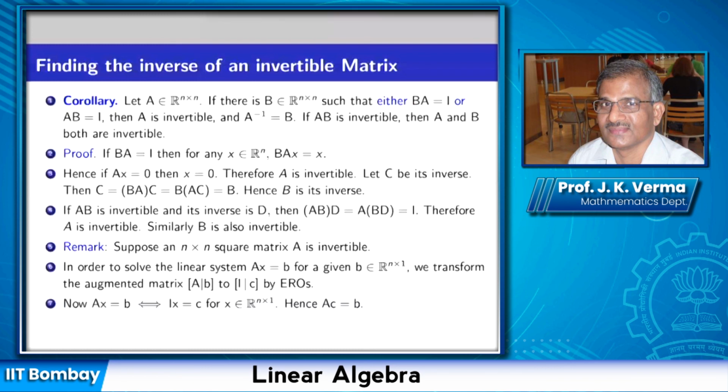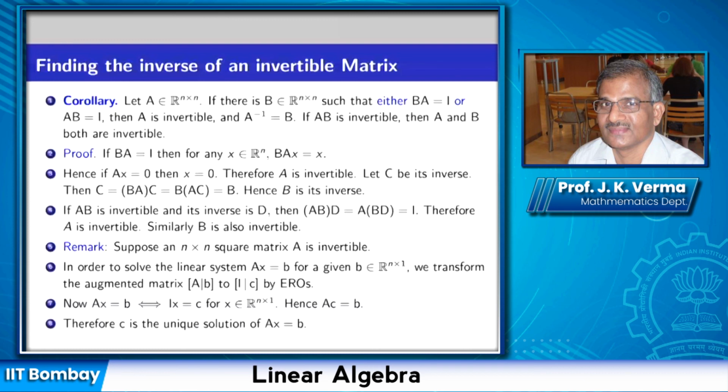So Ax equal to B if and only if Ix equal to C. And so for every x, therefore AC equal to B. So therefore C is the unique solution of Ax equal to B, as I explained earlier.